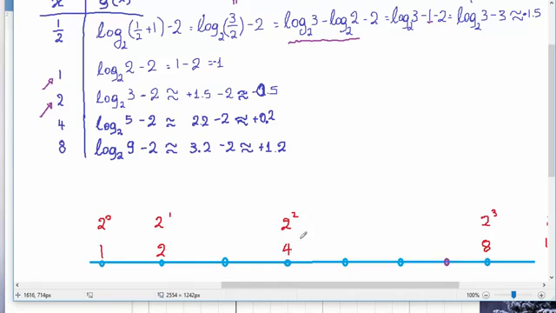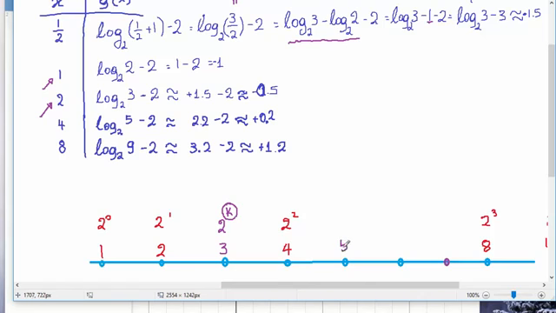As you can see right here, we are missing the number 3, because 3 is not a perfect power of 2. But there will be some kind of rational number up here that if you set 2 to that fraction, then the result will be equal to 3. But the question is, what is this ratio? What is this fraction that we have to enter here?